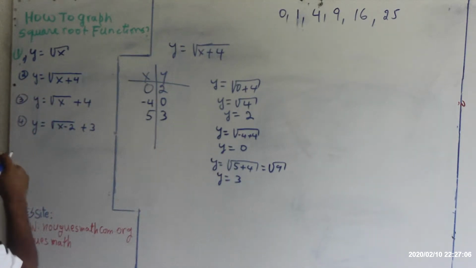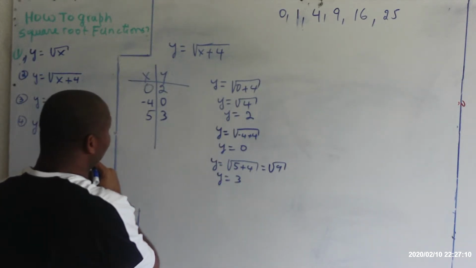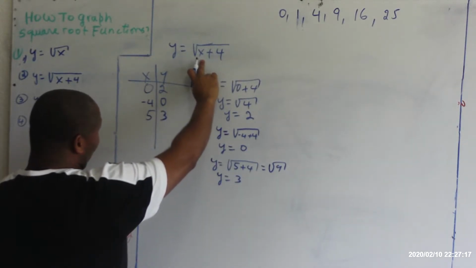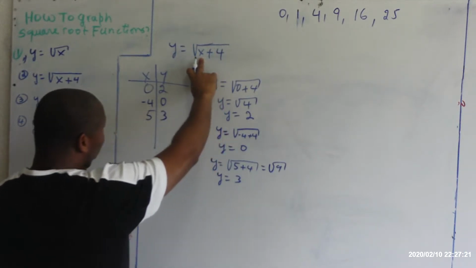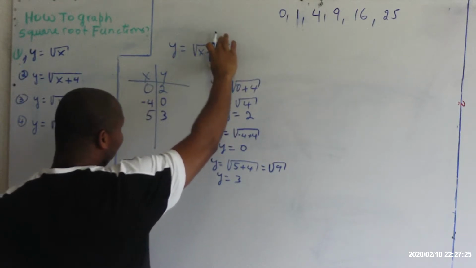Let me see what number I can put. Yes, I can put 12, because 12 plus 4 will be 16. Square root of 16 will be 4.